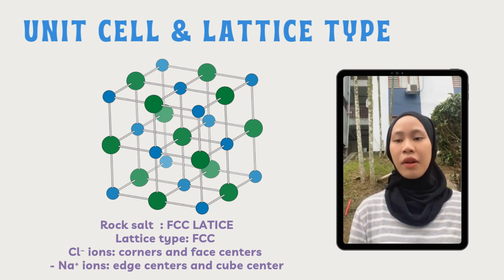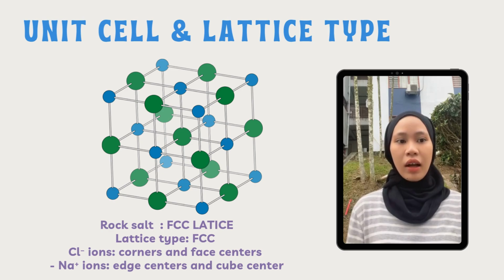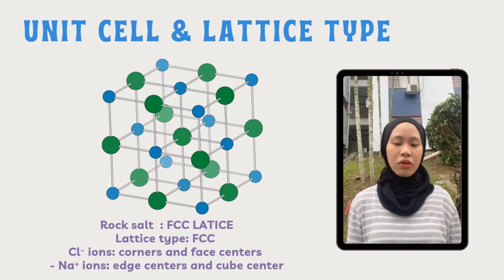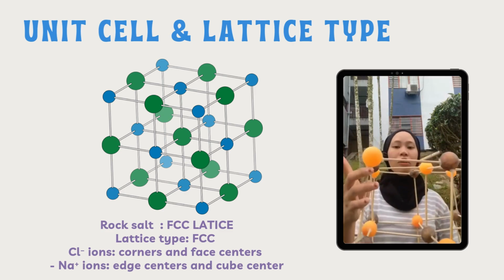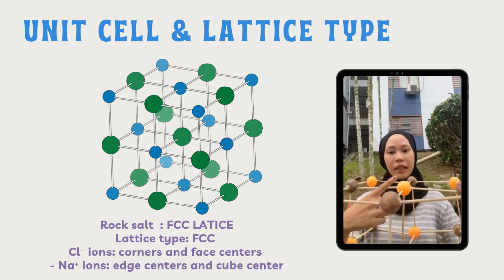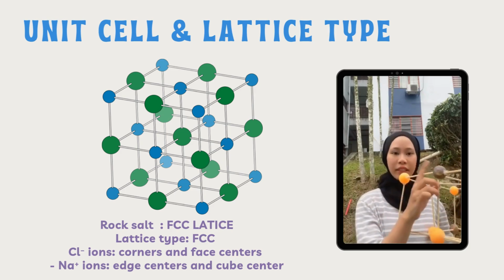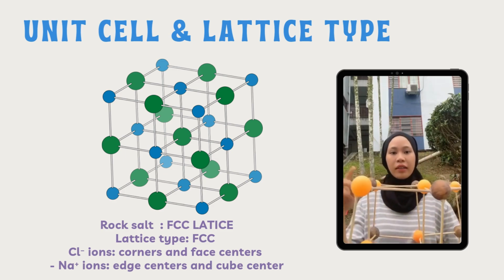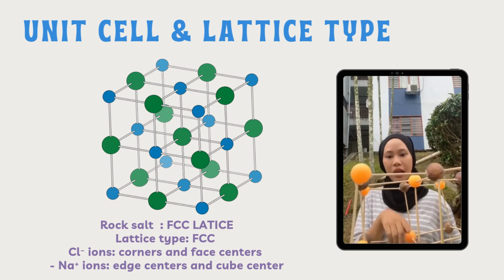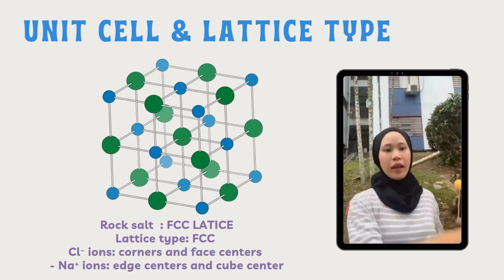This symmetry repeats in a pattern to ensure a stable and tightly packed structure. Specifically, the chloride is located at the corners and the face centers, while the sodium is found at the edge centers and the body center of this cube, as you can see here.